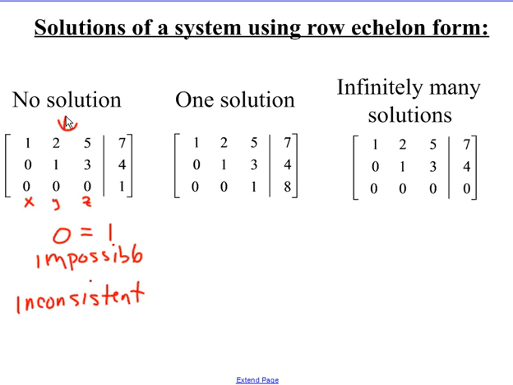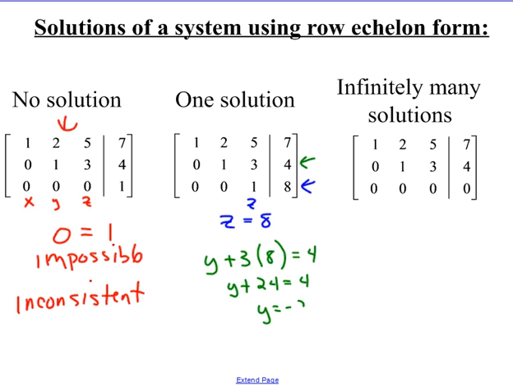In our next one, this is a system like we have one solution like the one we just did. I would have a z equals 8 from right here because this represents my z coefficients. And then I can use that z I found and this equation represented by that row, which says that y plus 3z, well in this case z is 8, is 4. So y plus 24 is 4 and y is negative 20.